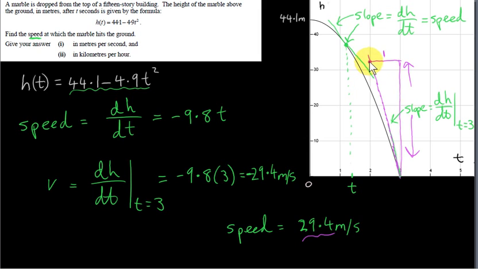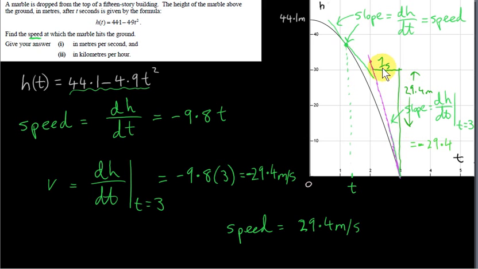If you pick any point on the line, increase x, or t in this case, by 1, and look at the change in y, that's the distance you have to go to meet the line. We construct a right angle triangle. That distance is the slope. If we are considering units, then the slope of this line is the vertical distance over the horizontal distance. The vertical distance is in meters, and the horizontal distance is in seconds. So this will be 1 second, and the vertical distance should be 29.4 meters.